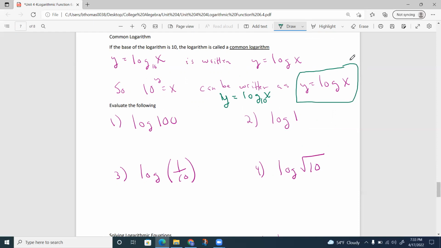That's understood there. So if I have the log, I'm looking for the exponent, and it's understood to be a base of 10.